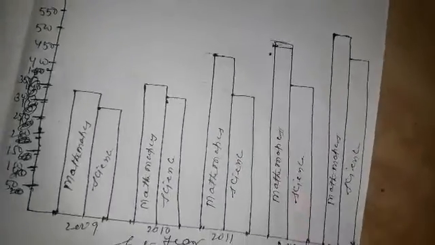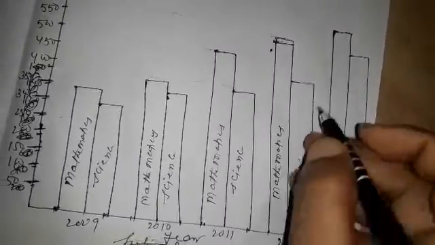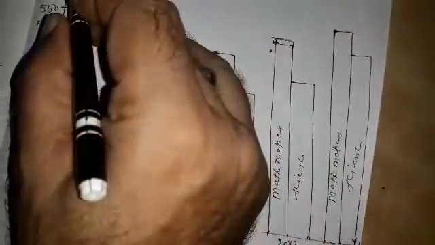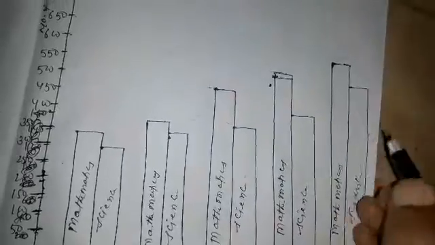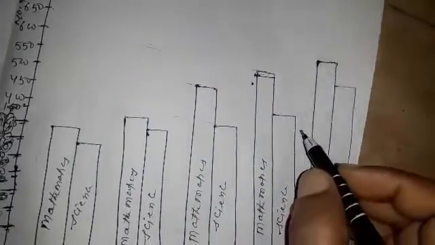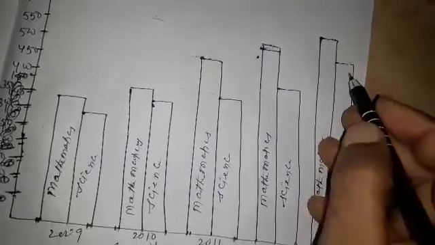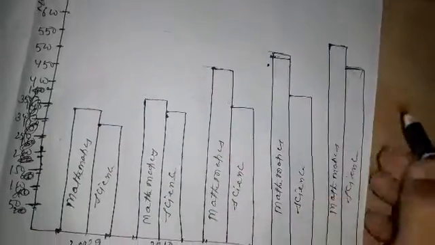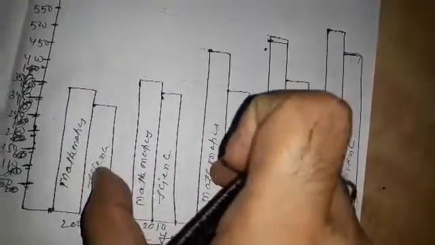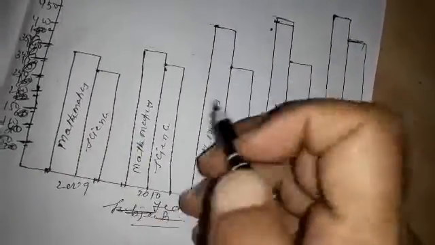And in 2013, 650 maths books and 600 science books were purchased.